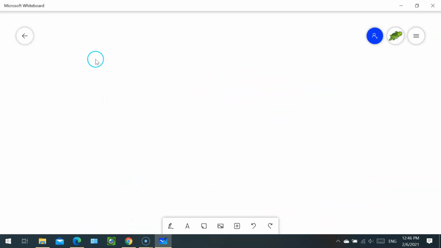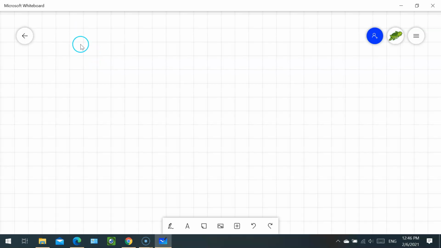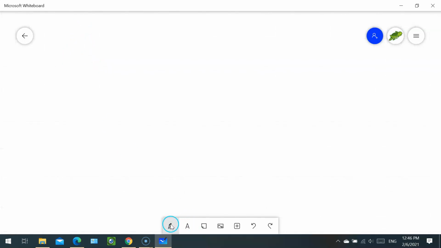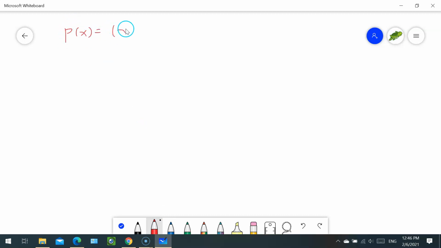Now, synthetic division, let me copy down the function here. So the p of x, we had x minus 1, 2x power 3 minus x squared plus 98x minus 49.